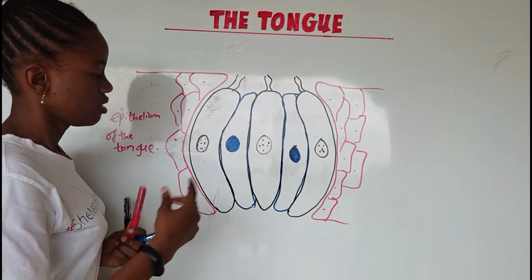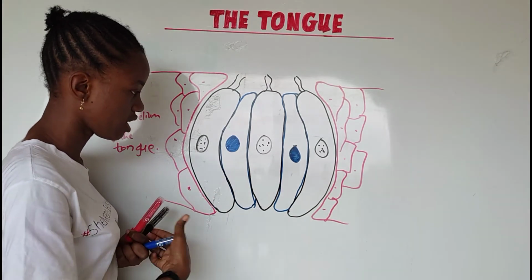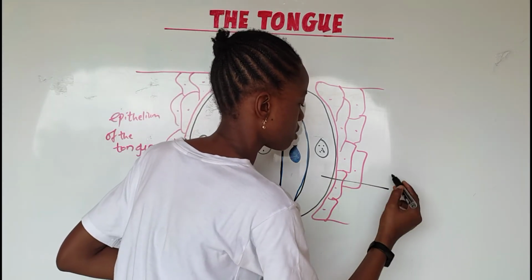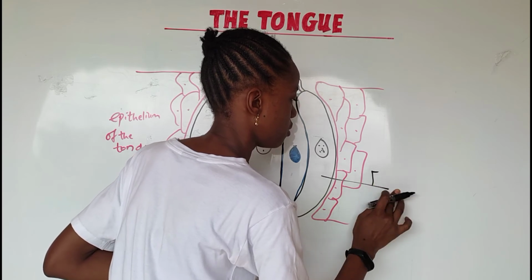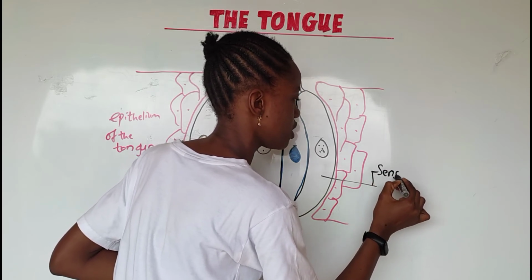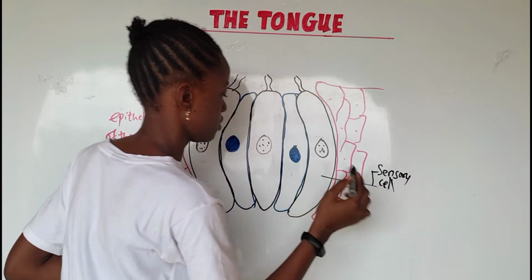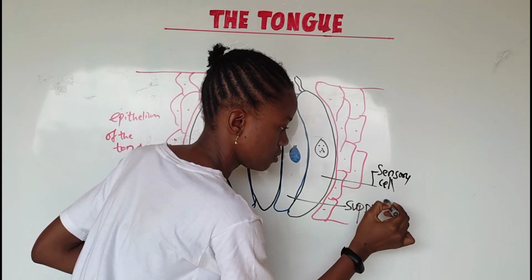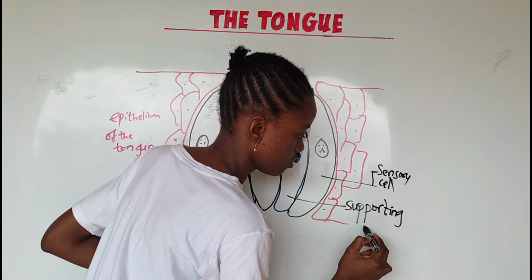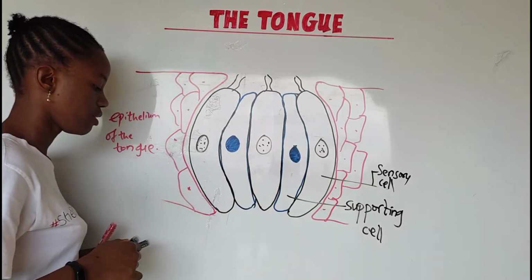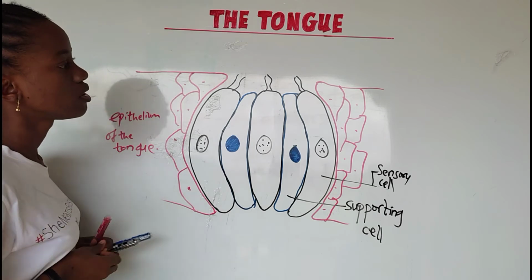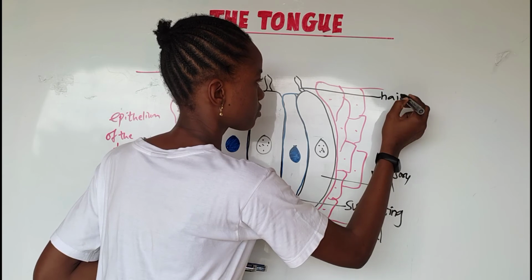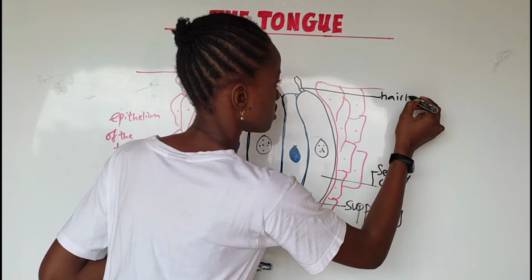So let me label the rest. We have the sensory cell, the chemoreceptors we are talking about. We have the supporting cell, and we have the hair-like processes.